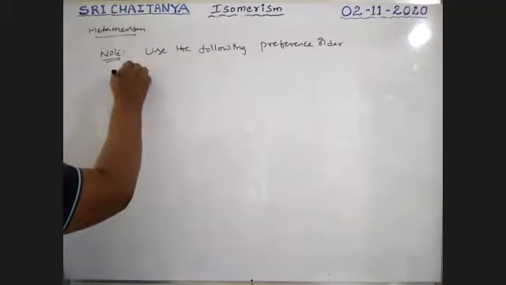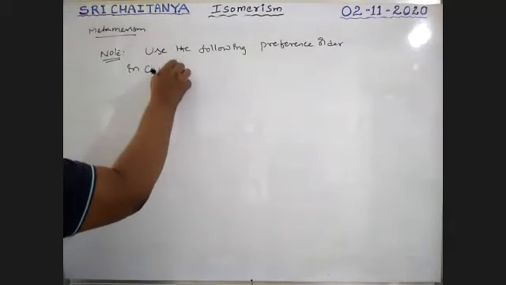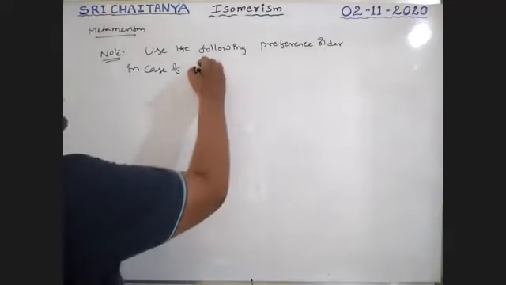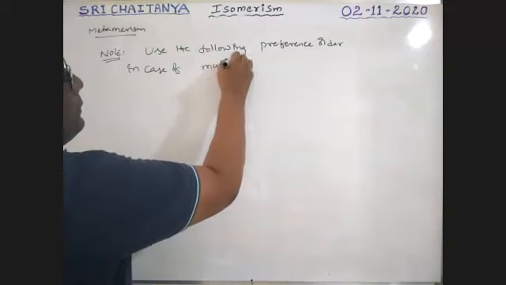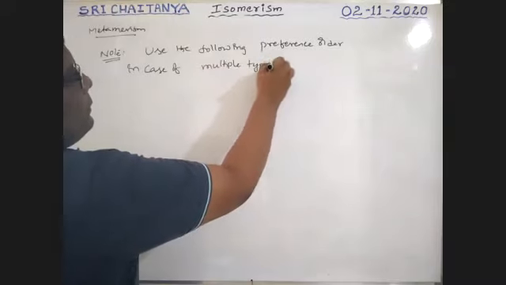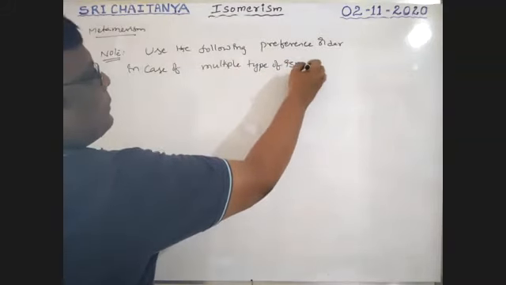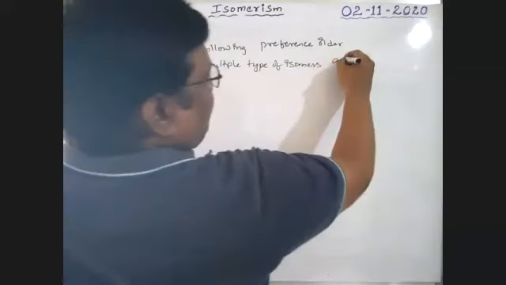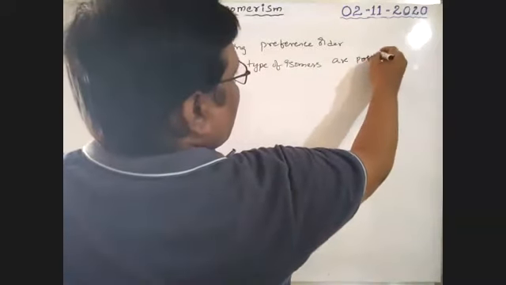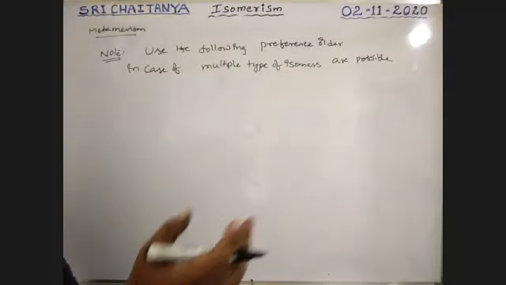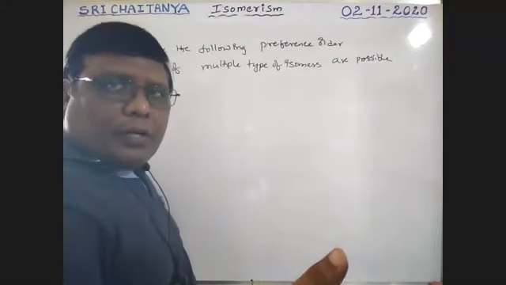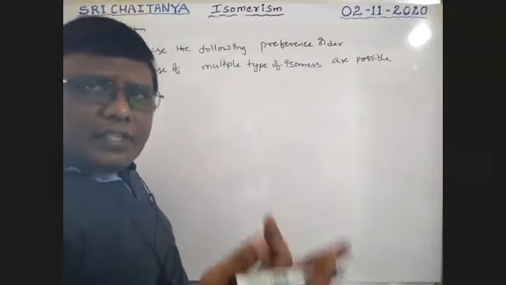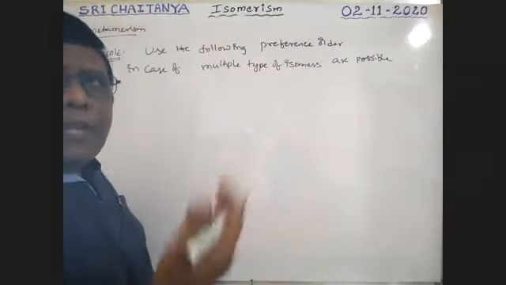In case multiple types of isomers are possible, just like in the previous case, is this a positional isomer or metamer? Metamers is the final answer if it is a single option. Why, sir? Because of the priority condition.